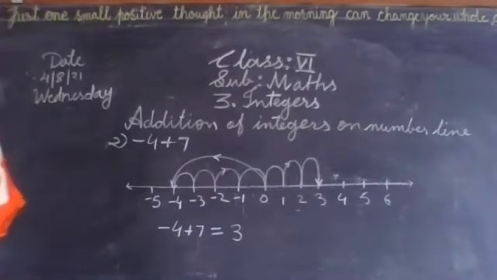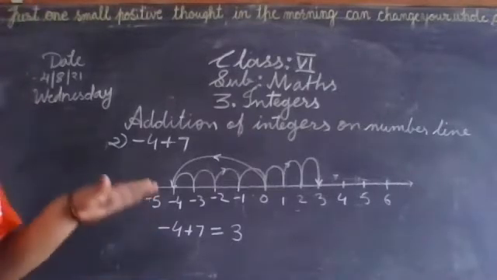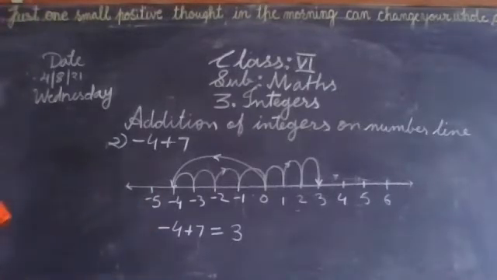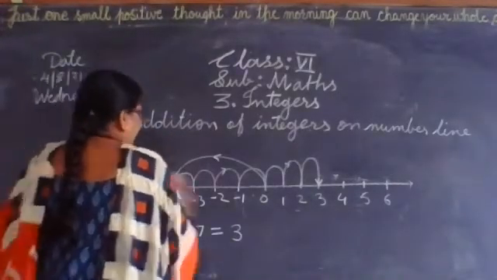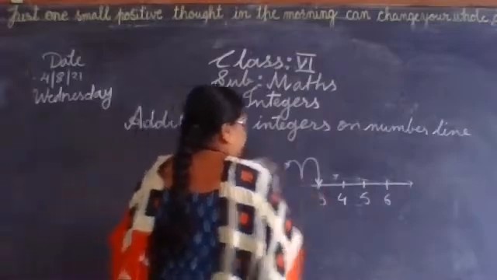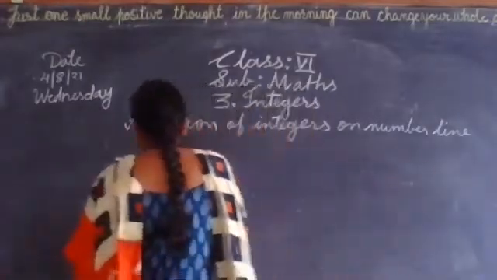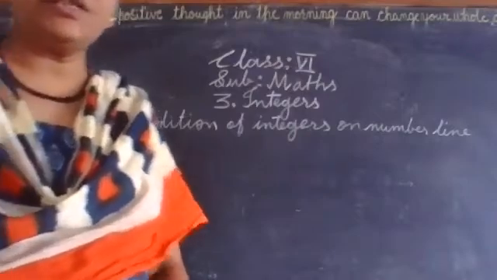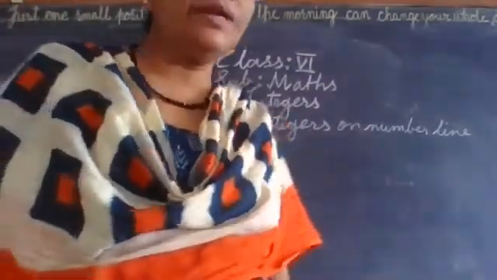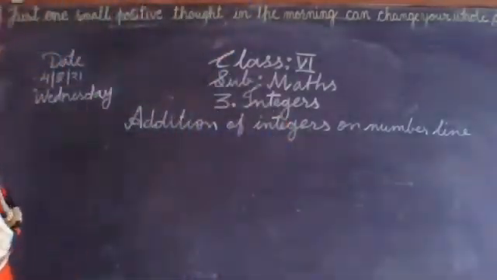Okay. Now let us see another example when both the integers are negative. And for every addition, you have to make a separate number line.